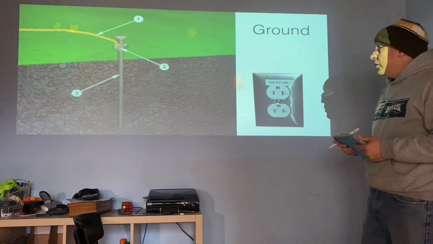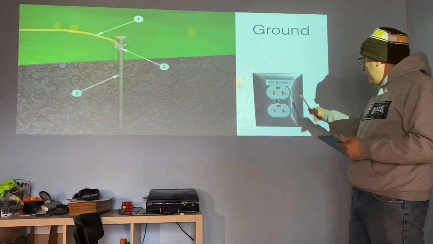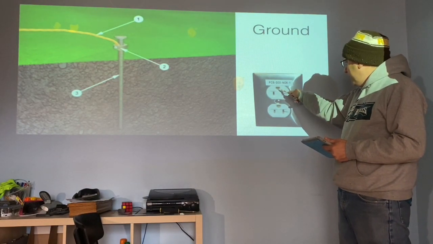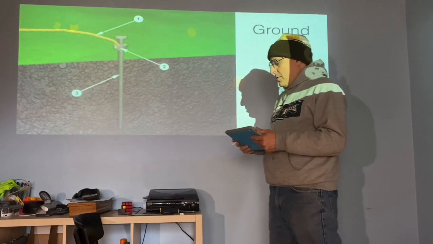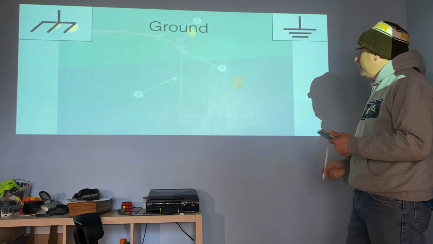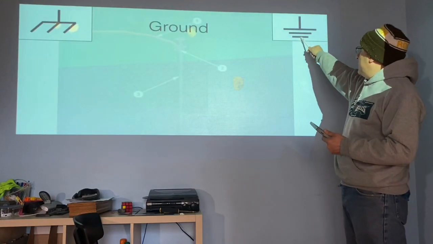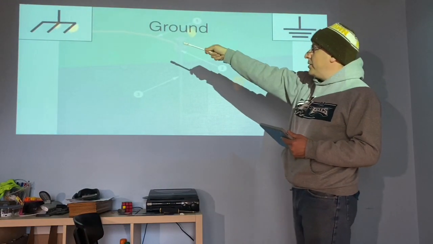We have these things called grounds. In your outlet, this circle here is the ground hole, and that is connected into the earth. We'll learn more about grounds later, but the symbol for ground can either look like this or it can look like that.